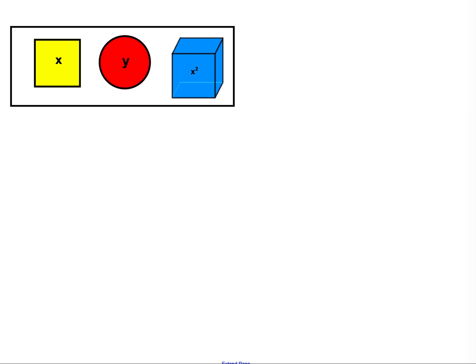So let's start by looking at some expressions with some different shapes. I like to think of our different variables as being different shapes. All right, so let's see. If I was going to write the expression x plus 2y plus 3x, and then I wanted to find our like terms.